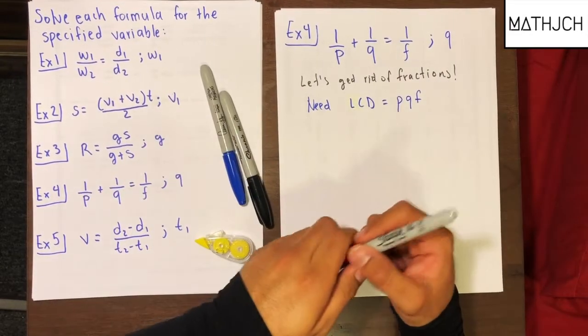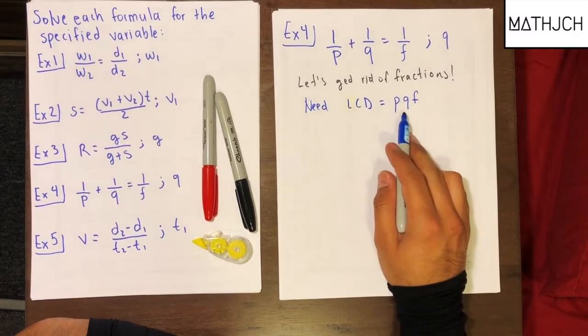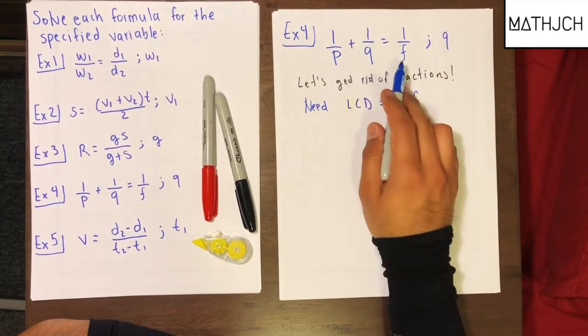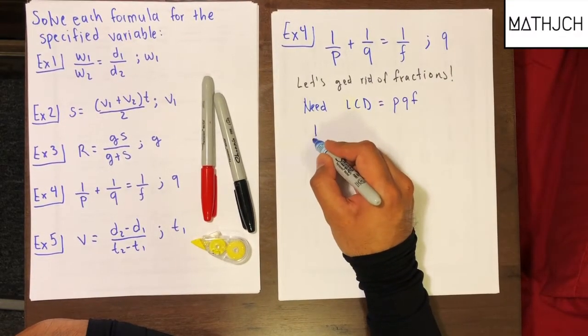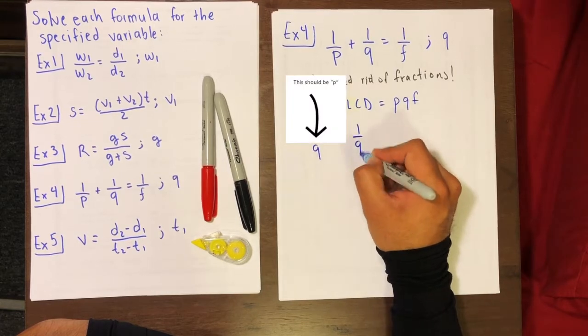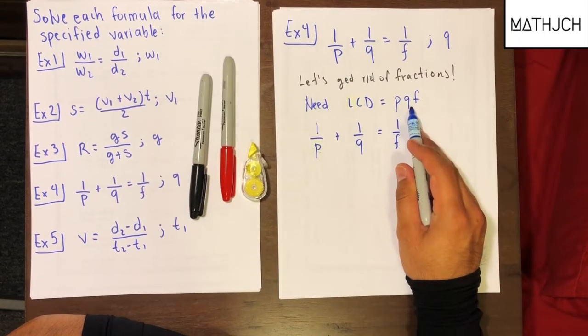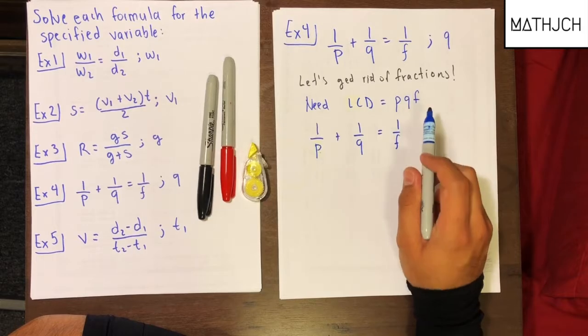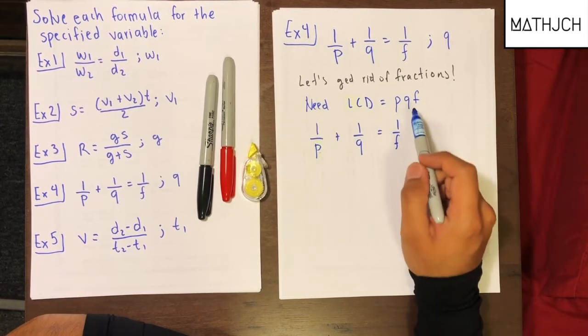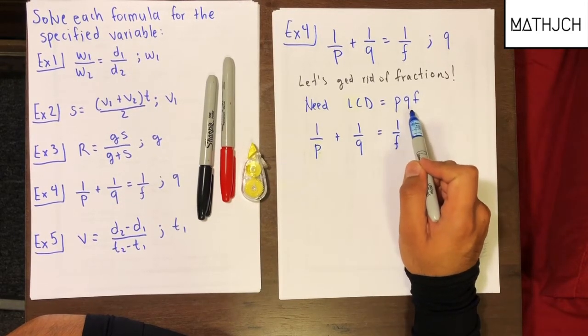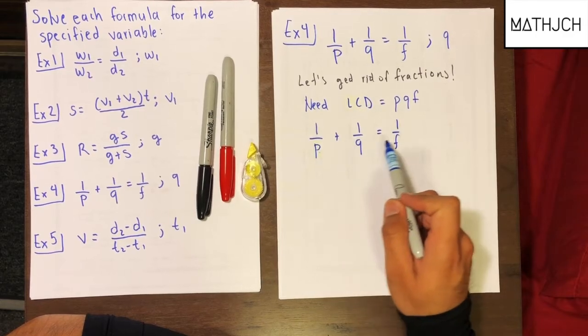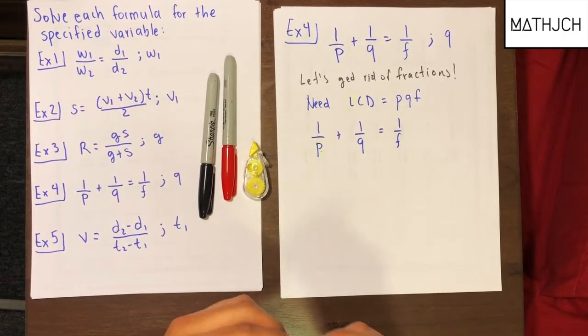So now what? We are going to use the LCD to get rid of fractions. Okay, let's rewrite the equation. We are going to multiply the LCD by every single fraction, okay?